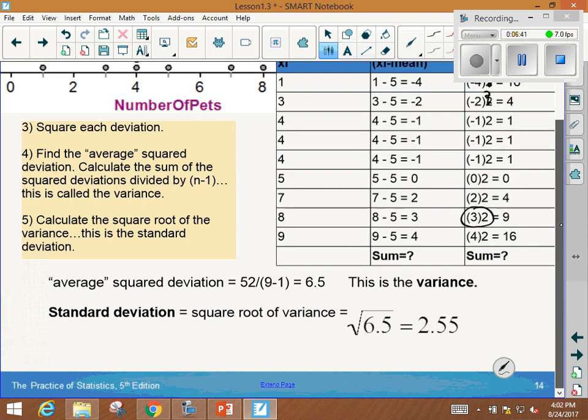If we sum all those up, I believe that turns out to be 52, which is where this number comes from. And we're going to divide that by n minus 1, where n is our number of observations, or data points.